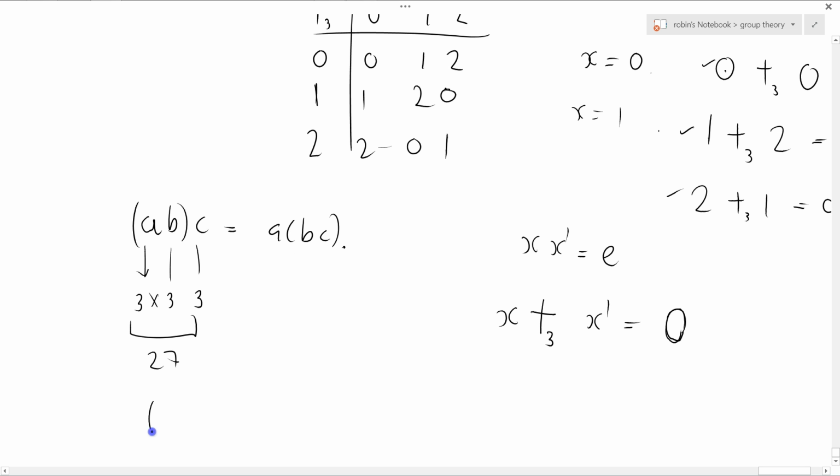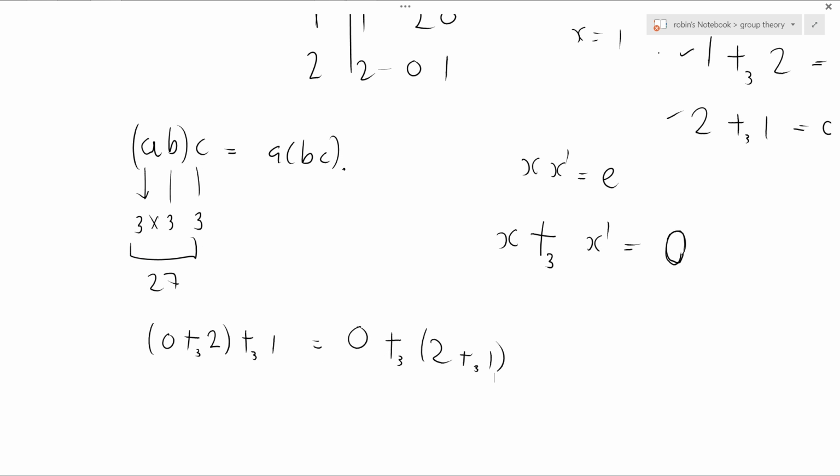We might be checking something like (0 plus modulo 3 2) plus modulo 3 1 equals 0 plus modulo 3 (2 plus modulo 3 1). And we'd need to do 27 different combinations of these things to check that.